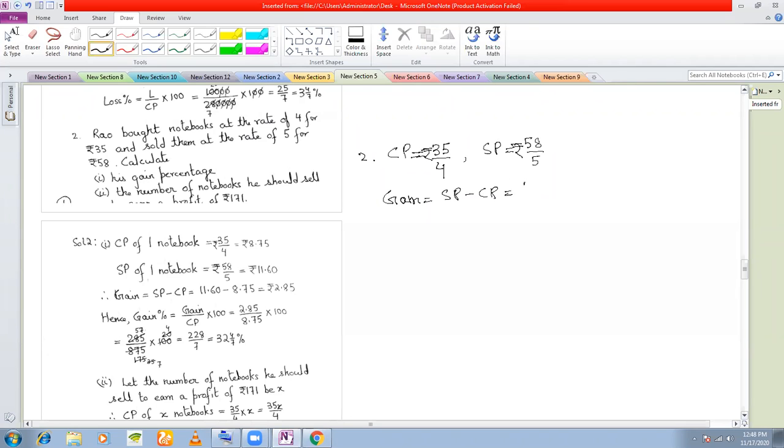This selling price is 58. I have worked with decimals here. You can work with fractions. 58 by 5 minus 35 by 4.